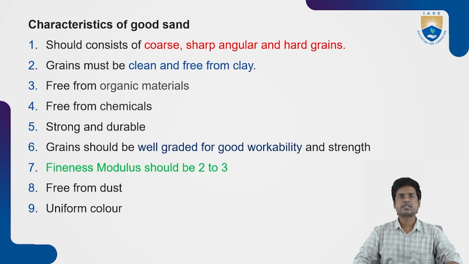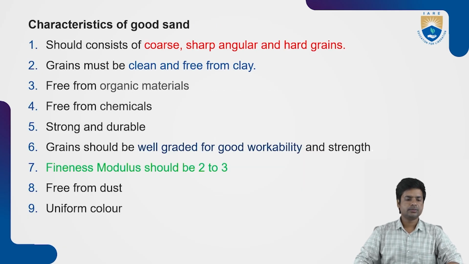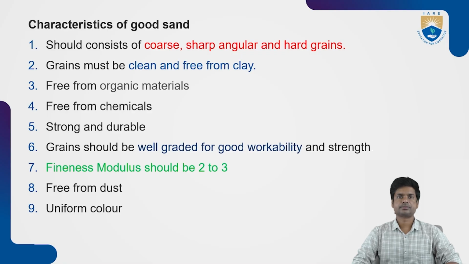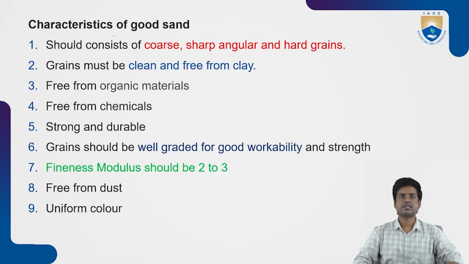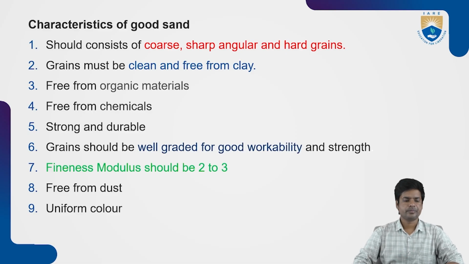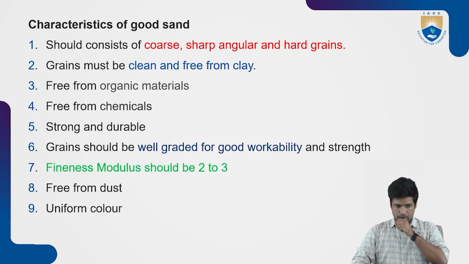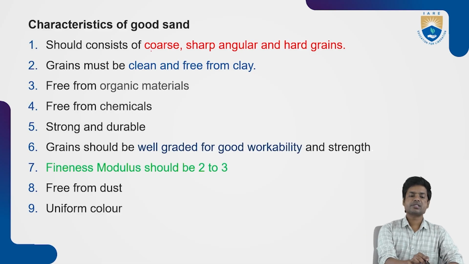Coming to the characteristics of good sand. If the fine aggregate is to be called good sand, then it should have the following properties. First, it should consist of coarse, sharp, angular, hard grains.